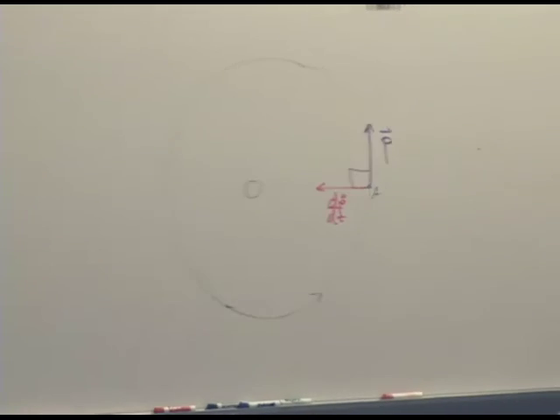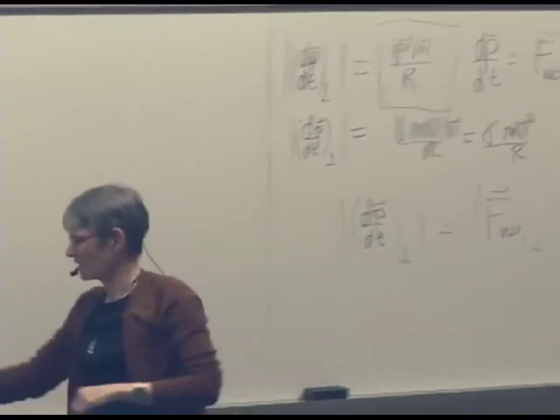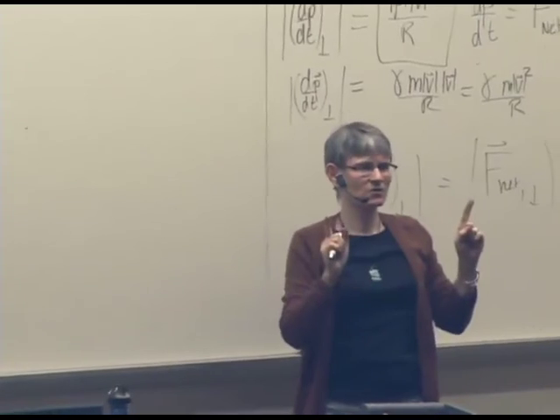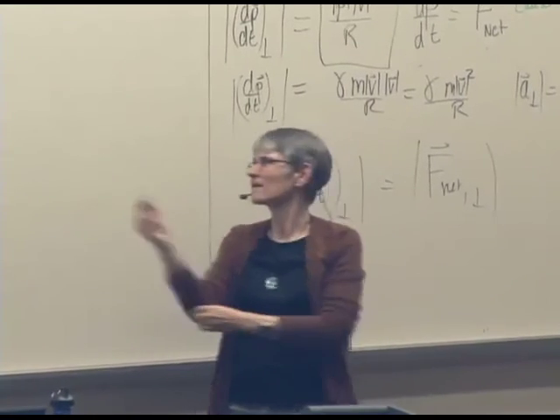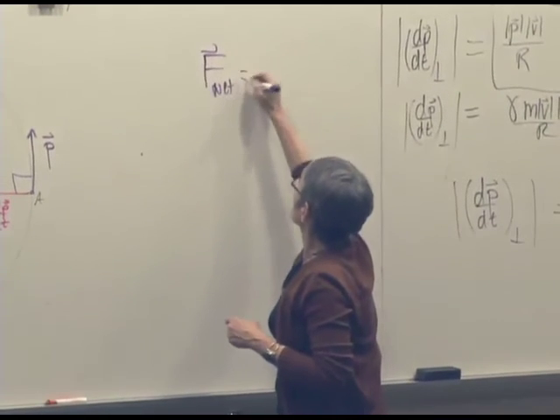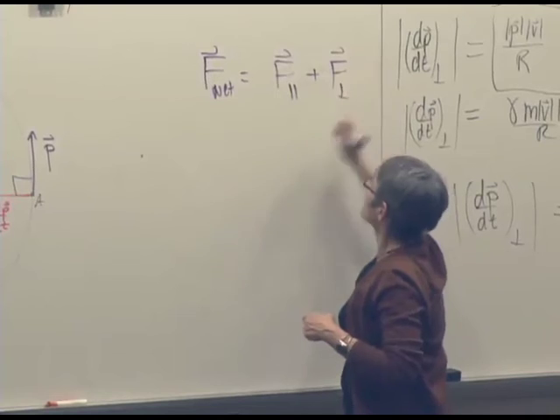This whole time we've been talking about dividing both force and the rate of change of momentum into two pieces, right? So we have F net is F parallel plus F perpendicular.